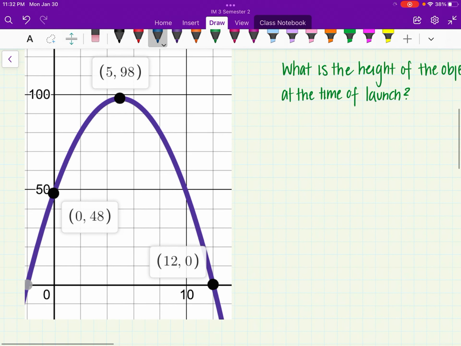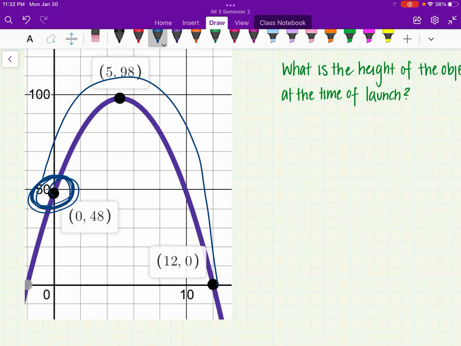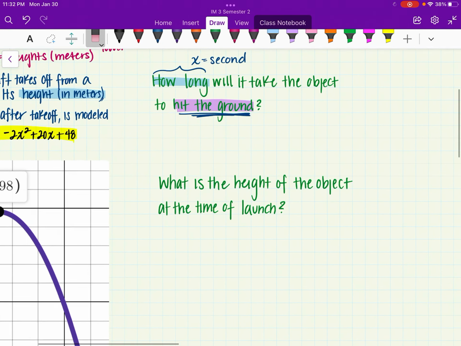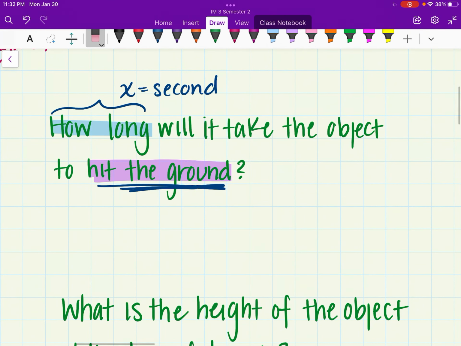Now, if I take a look at the graph, we have our starting point at the y-axis. From there, we reach our maximum, and then we come to the ground. So the ground is represented by this point on the bottom. That point is known as the x-intercept. So my answer would be the value of the x-intercept.